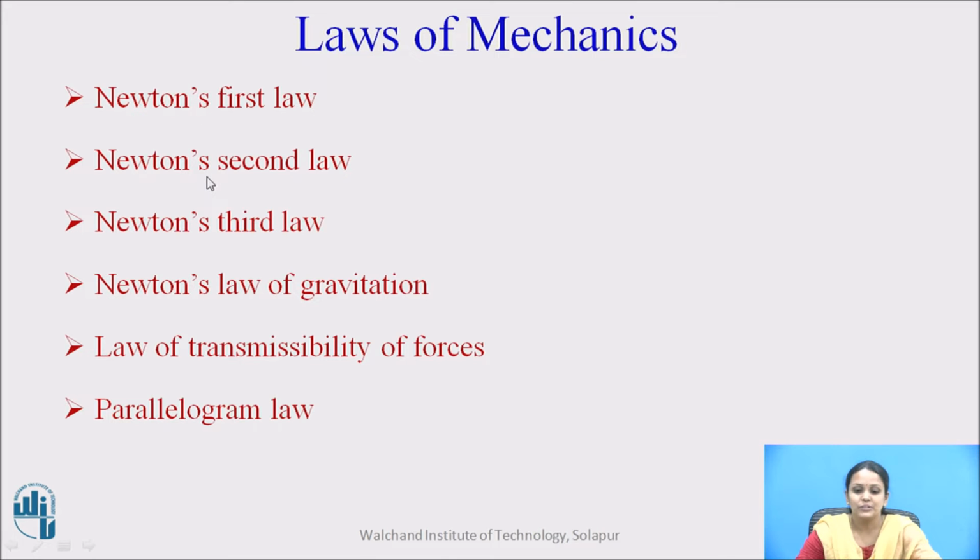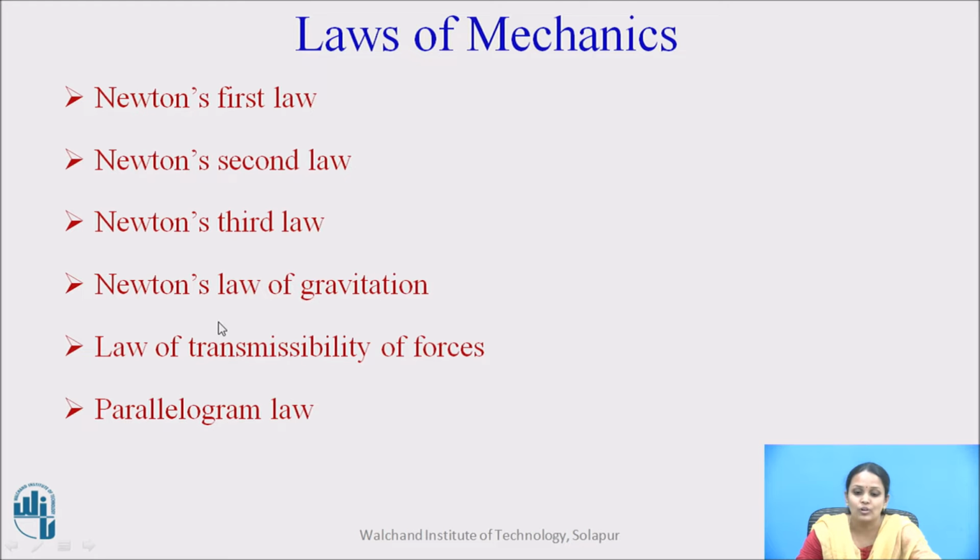Newton's second law states that the rate of change of momentum of a body is directly proportional to the impressed force, and it takes place in the direction of the force in which it is acting. Newton's third law says that to every action there is an equal and opposite reaction. So we can say here that F is equal to R. F is the applied force and R is the reaction on the particular body.